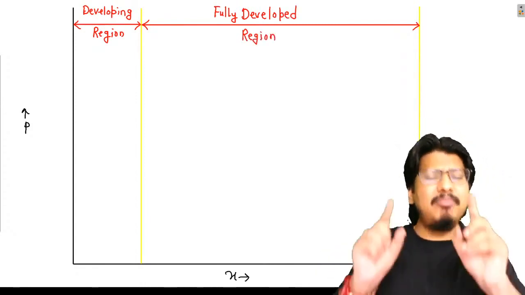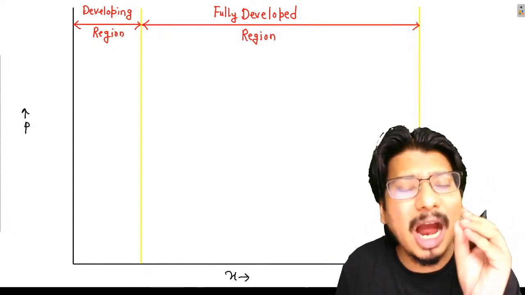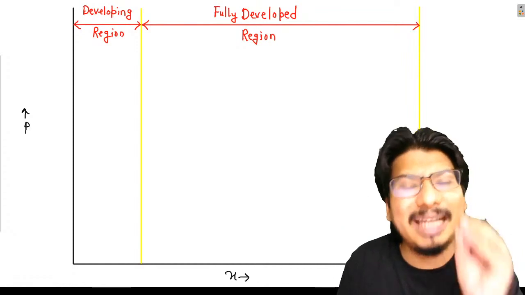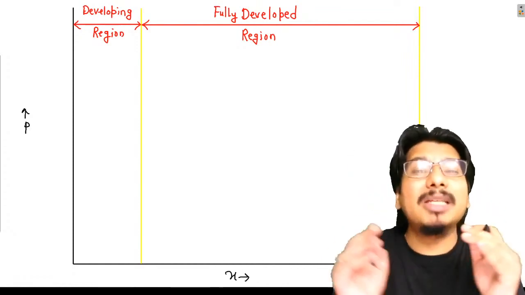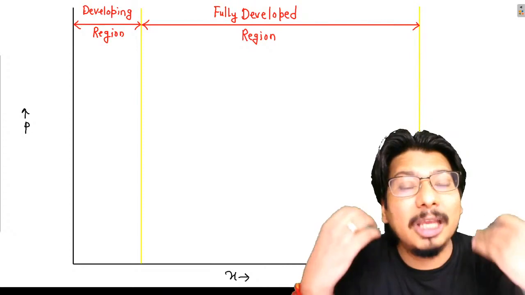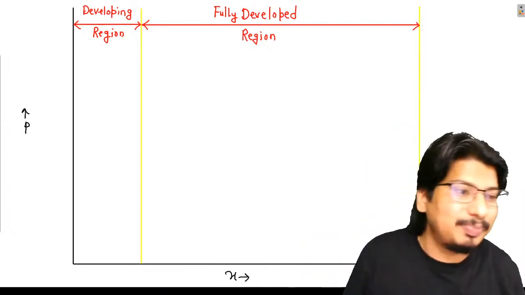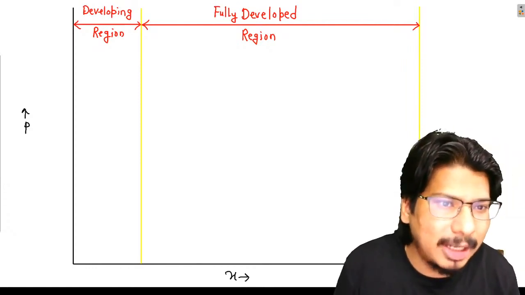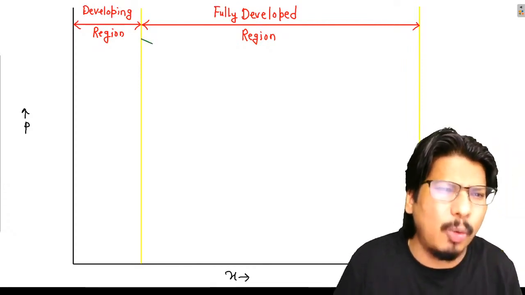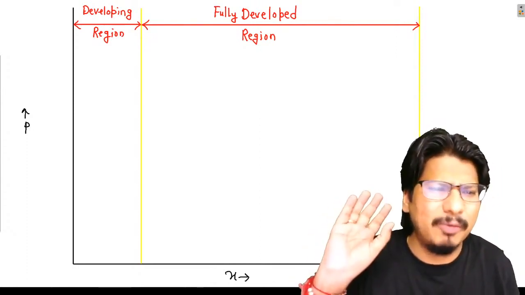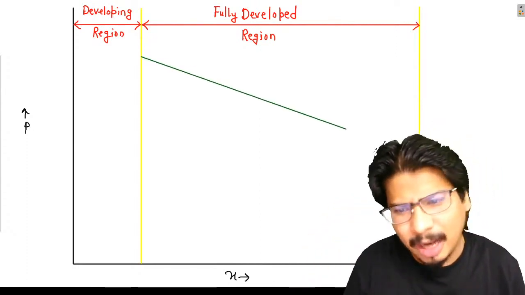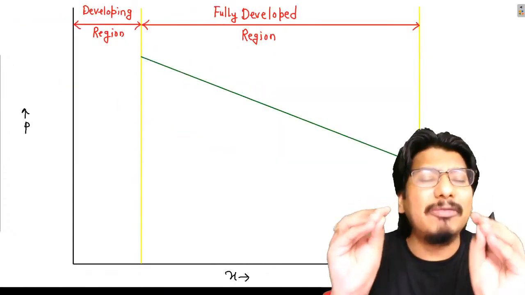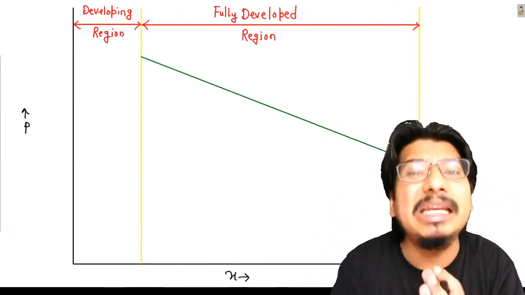Now one interesting thing I want to tell you. Remember, whenever the flow is taking place in the fully developed region, the pressure will keep on decreasing because of the viscous losses. Look here, I don't know what will happen in the developing region, but 100% in this fully developed region, pressure will be decreasing linearly.